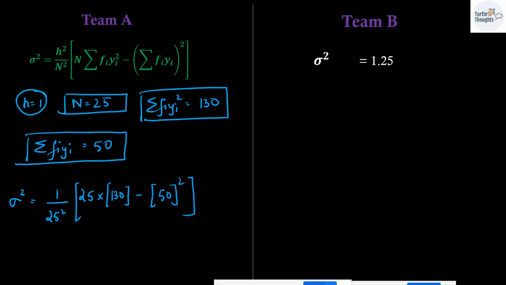Now sigma square is going to be 1 divided by 625, and here I can do 25 multiplied by 13, then add a 0. So it is going to be 25 multiplied by 13.